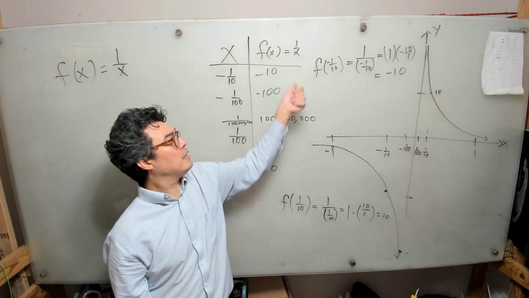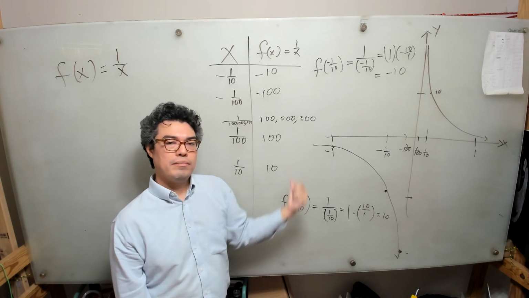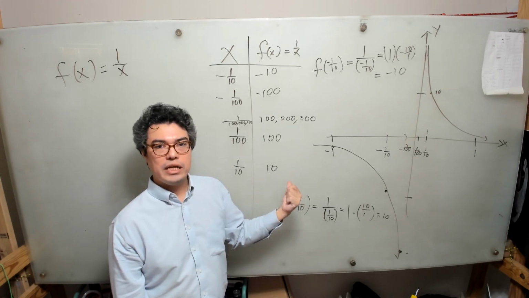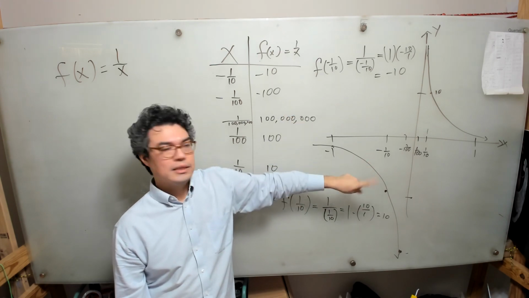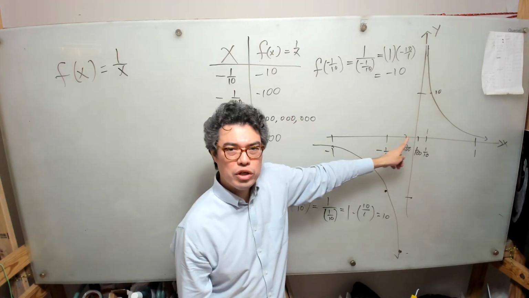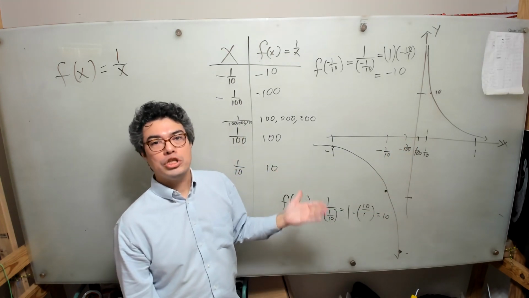And by the same reasoning that we saw here, which is, of course, the same kind of reasoning we did here, but with negatives instead, you can see that 1 over x, as x gets closer and closer to zero, will become more and more large negative.